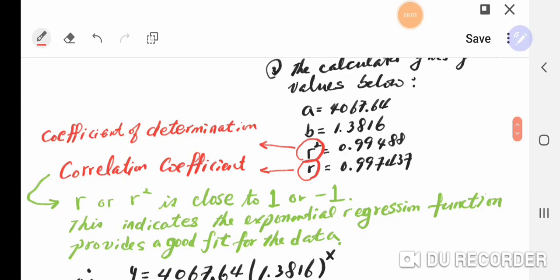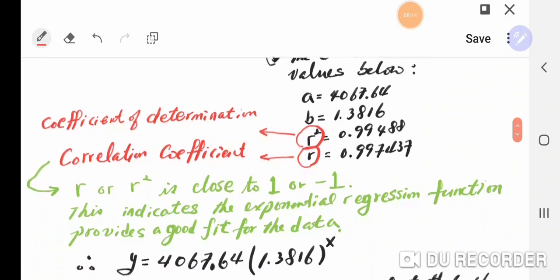If the correlation coefficient is close to 0, then there's no relation to this function. Since we have 0.99, which is very close to 1, the data is more likely to be an exponential function.